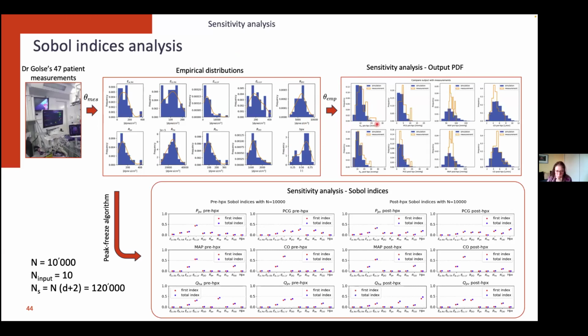This allowed us to do this sensitivity analysis: for each output, to look at how close to one the Sobol index is for each input parameter.